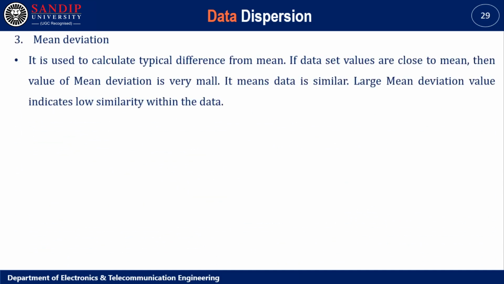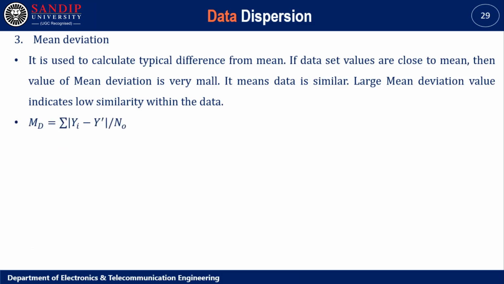Mean deviation. It is used to calculate the typical difference from the mean. If data set values are close to the mean, then the value of mean deviation is very small. It means data is similar. A large mean deviation value indicates low similarity within the data.